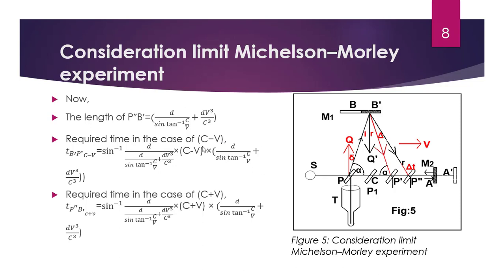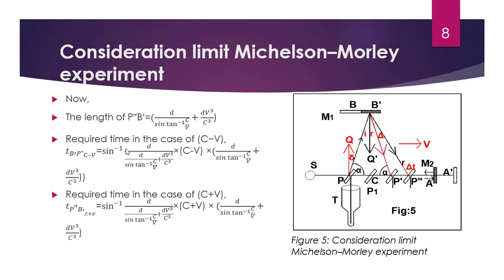So the required time in the case of C minus V, sin inverse into distance d by sin into tan inverse C by V plus dV cube by C cube into C minus V, this is the resultant velocity, into d by sin into tan inverse C by V plus dV cube by C cube, this total distance.